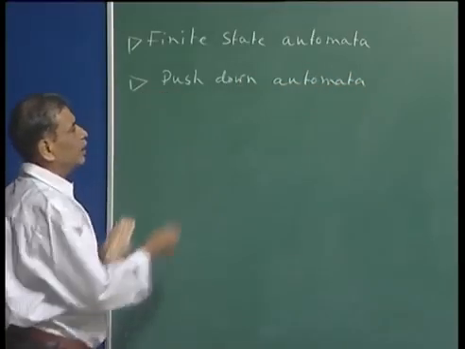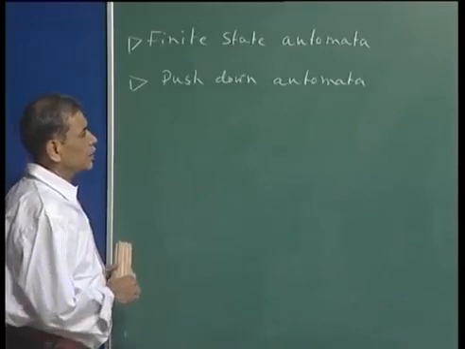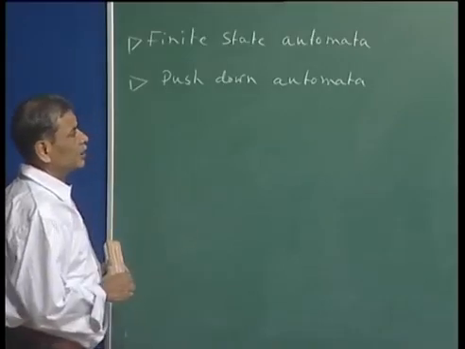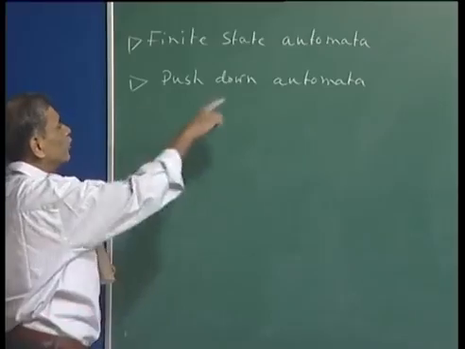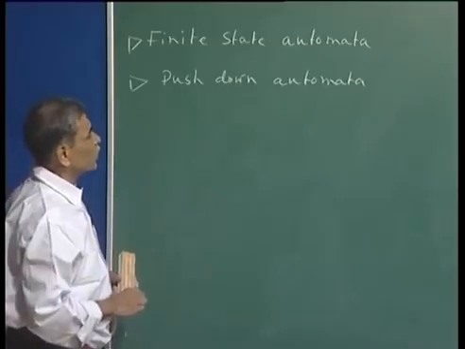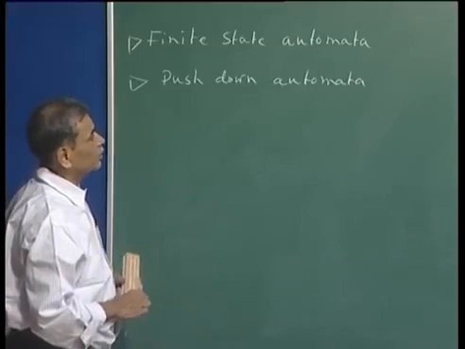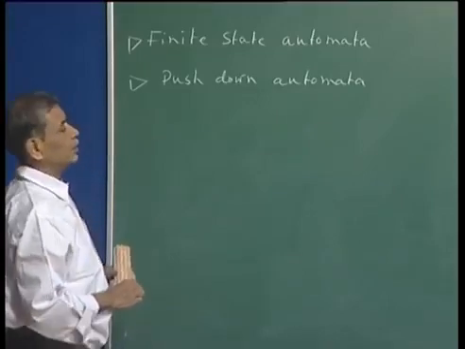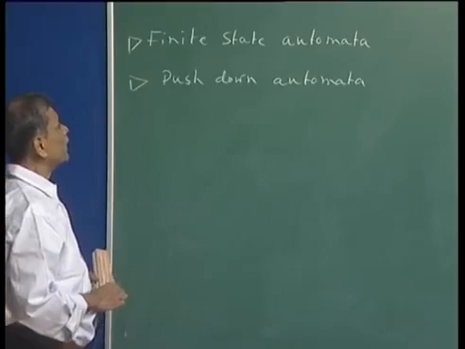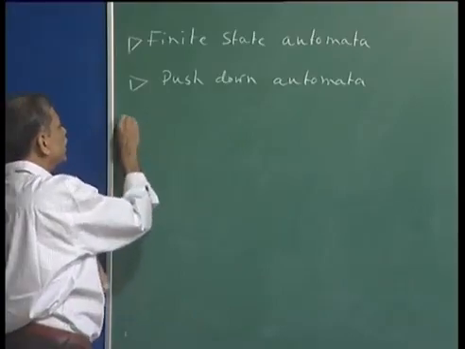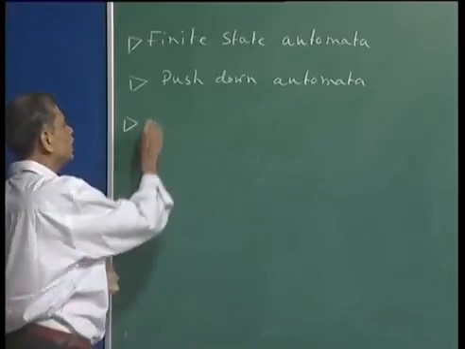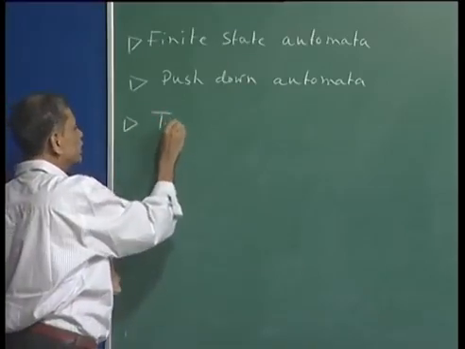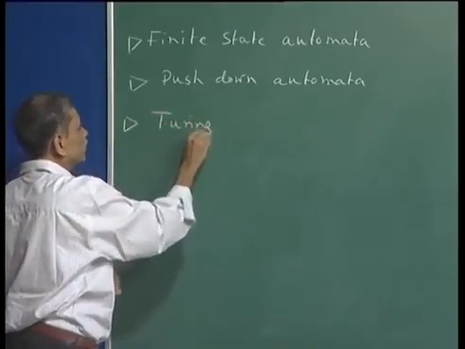And again we will study the classes of languages for which push down automata will be adequate to solve their membership problems. And then finally, we will look at the most general class of automata which is possible, and you might have heard of this term. They are called Turing machines.